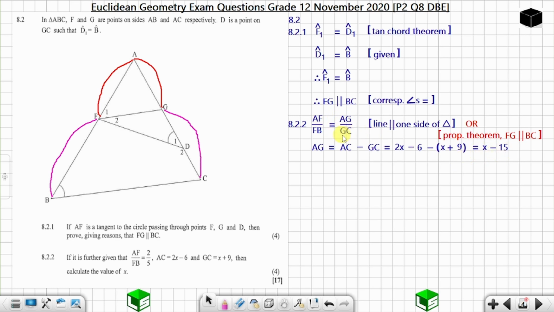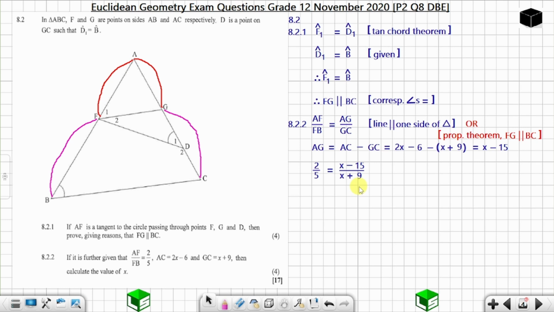Now you have everything. You are going to substitute into the equation and then solve for x. So AF over FB, which is 2 over 5, is equal to AG over GC. Now you are going to cross multiply.